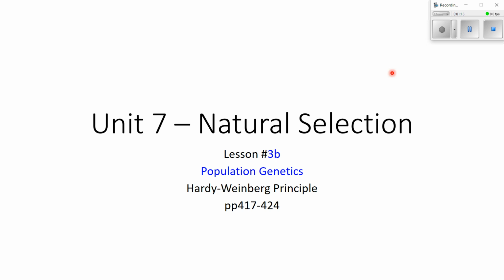But Hardy and Weinberg also produced a principle, sometimes called the Hardy-Weinberg theorem, or Hardy-Weinberg principle. It's a way of better understanding all of the factors that contribute to evolutionary change within populations. We know from the work of Charles Darwin that natural selection is the driving force behind evolutionary change.